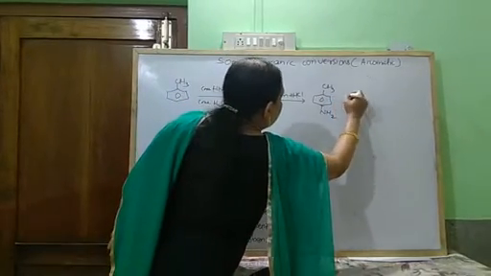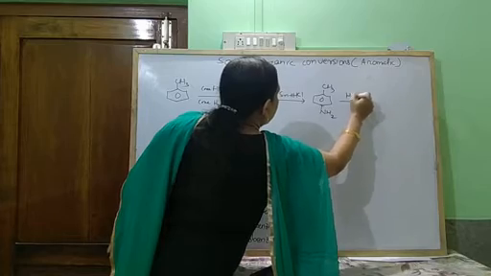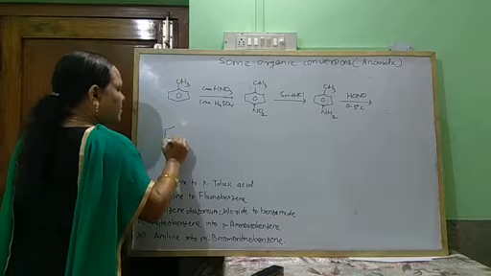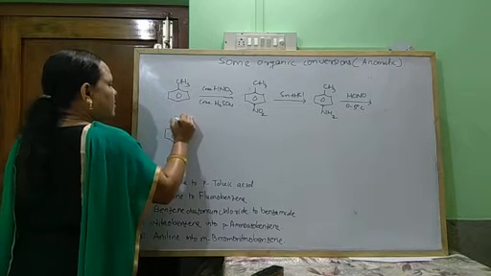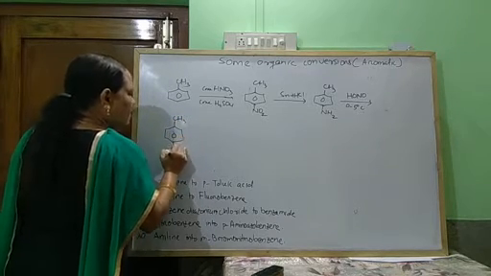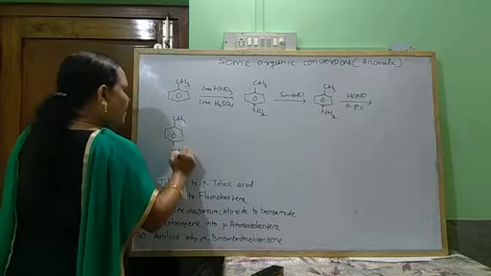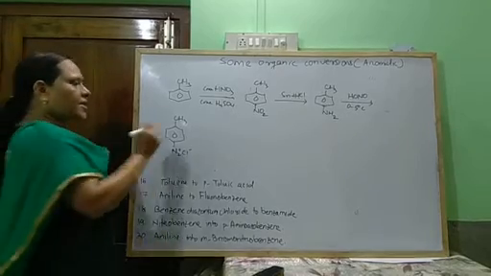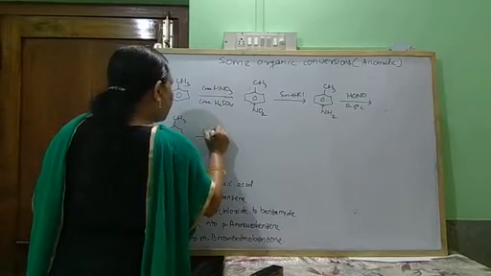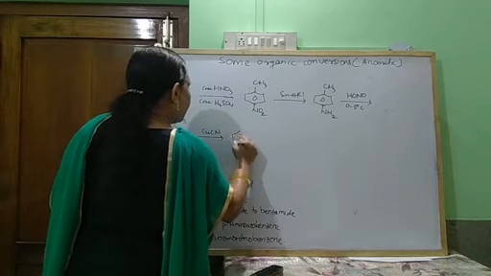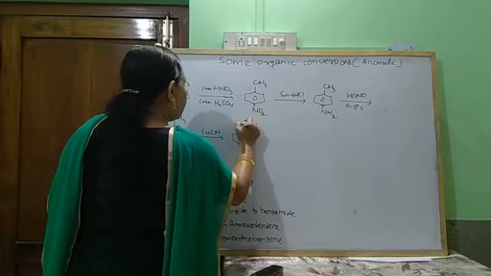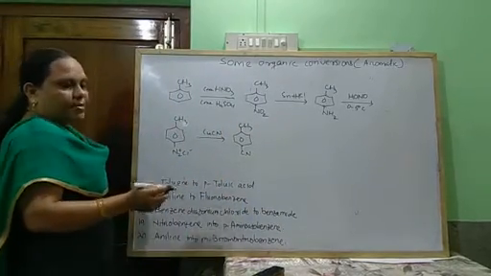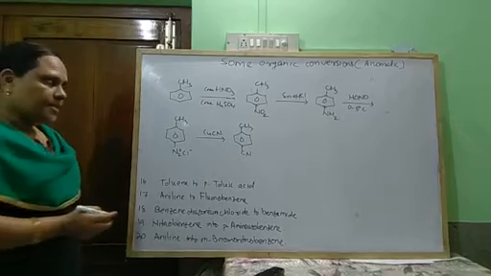Then toluidine treated with nitrous acid, it forms para-methyl benzene diazonium chloride, and this treated with cuprous cyanide, it forms para-methyl cyanobenzene.